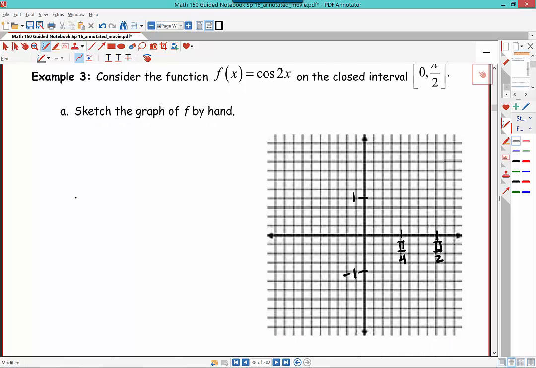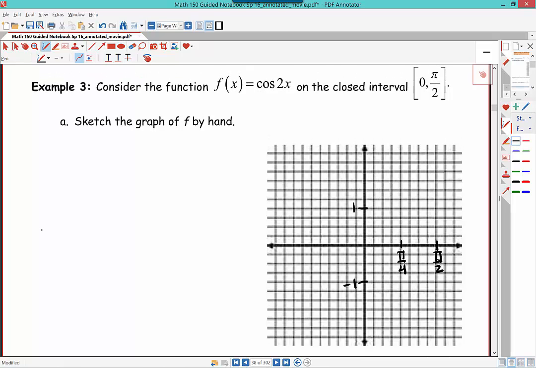So if we're sketching the graph of f by hand, remember that it's going to complete more quickly since we're doubling x. So cosine at 0, 2 times 0 is 0. Whoops, I'm making up my own math. Thank you for catching me. Cosine at 0 is 1.